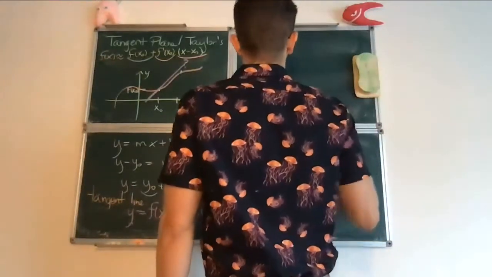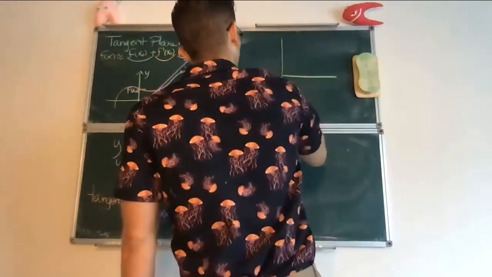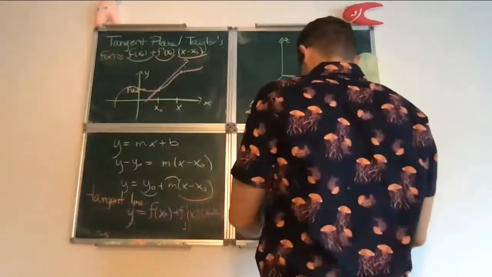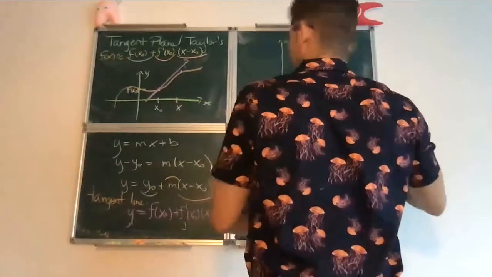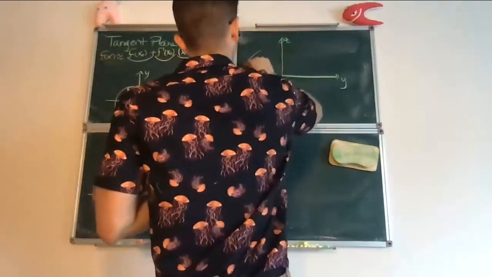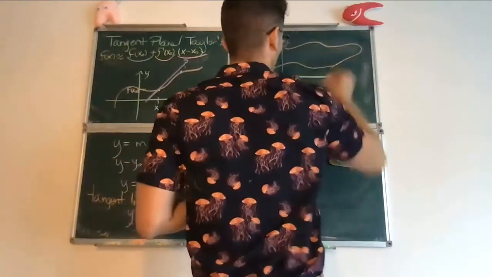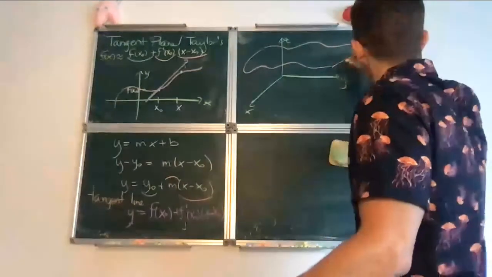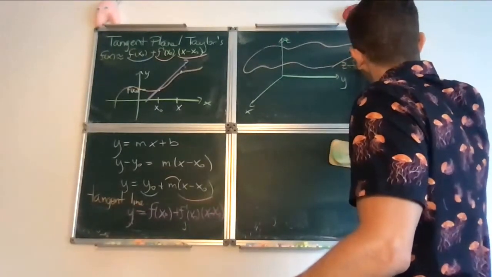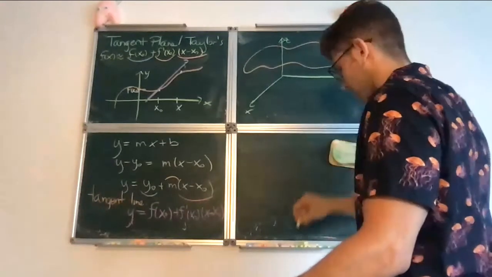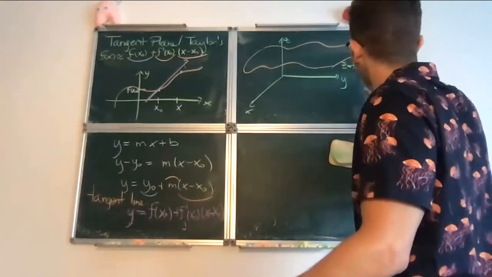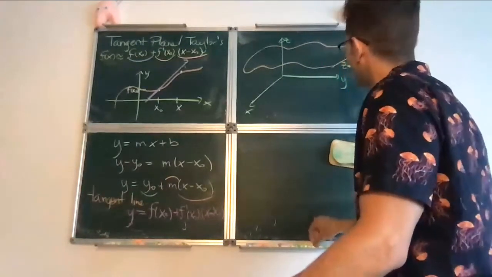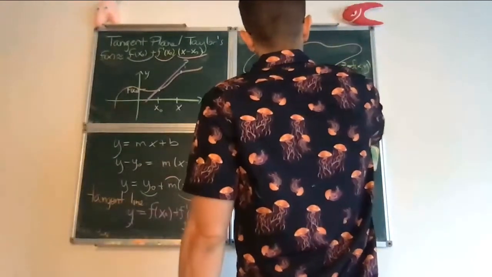So if you have the graph of this function, now you have a point x naught, y naught.